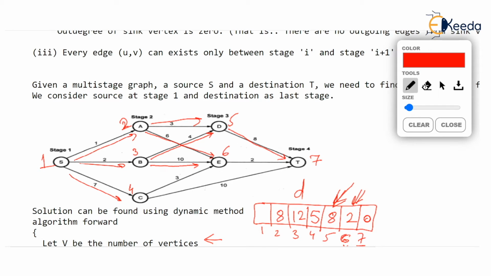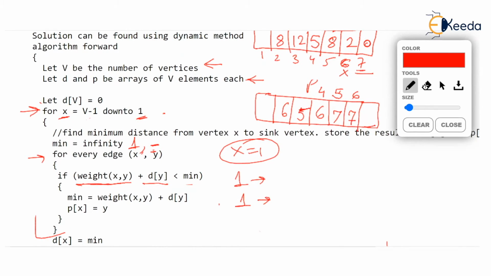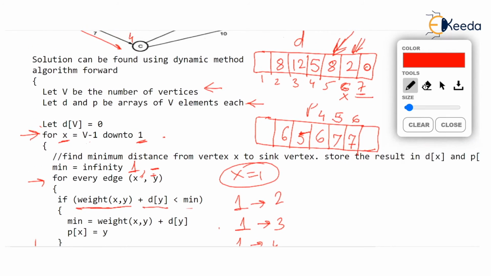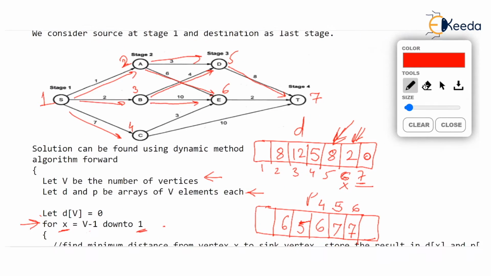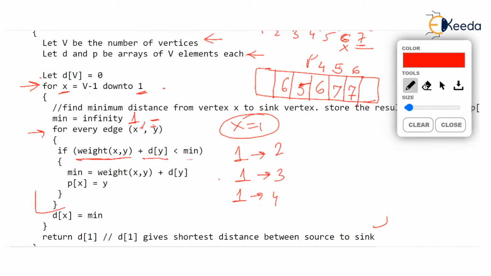Correct? And the distances, check it again, are 1, 2, and 7. So the distance between 1 to 2 is 1 plus d2 we are going to check. 1 to 3 is 2 plus d3 we are going to check. And 1 to 4 is 7 plus d4 we are going to check, isn't it?